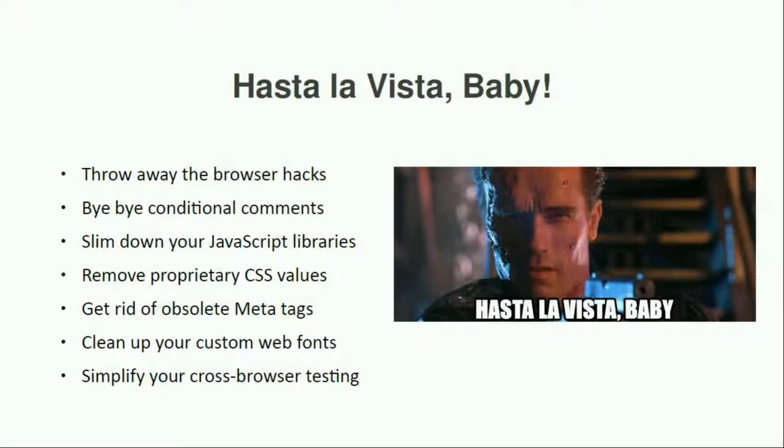We can slim down on JavaScript libraries, remove proprietary CSS values, get rid of obsolete meta tags, clean up the custom font declarations, and most importantly, simplify the cross-browser testing. We're going to run pretty fast through all of these elements, see exactly what it's about, and then we can talk about things that you can now adopt without fear that you won't have support.